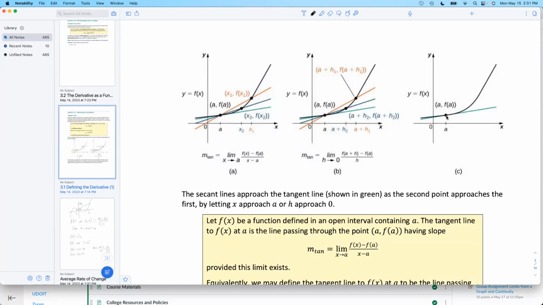You weren't driving to Tampa at 50 miles an hour the whole time. You were going 70, and then you got down by Disney, and all the tourists were blocking traffic, and you went down to 20 for a few miles, and then you got back up to speed. So the derivative tells us your instantaneous rate of change. How fast are you going at 6 p.m.? And we do that by taking a limit.